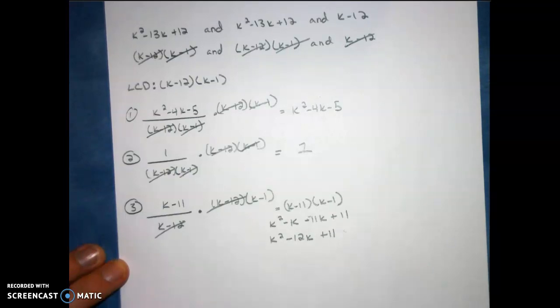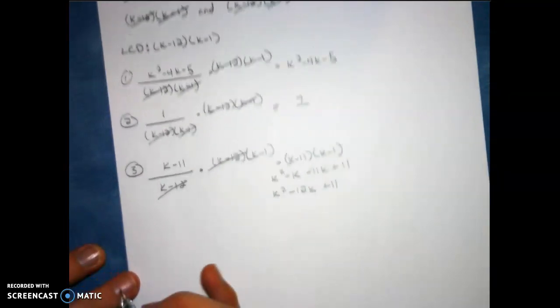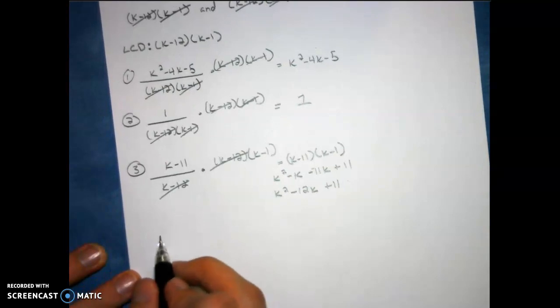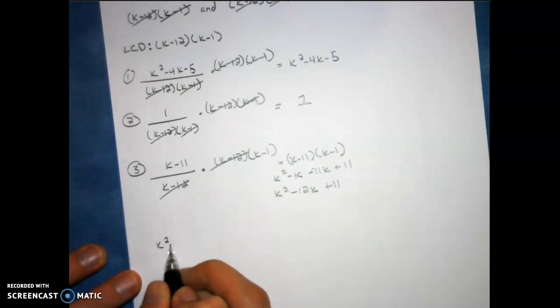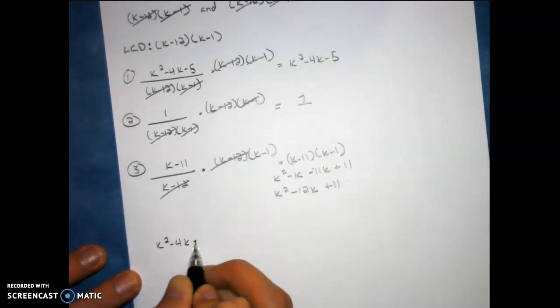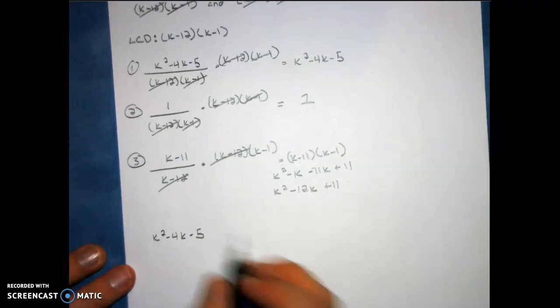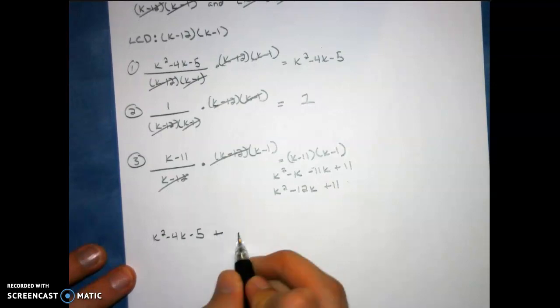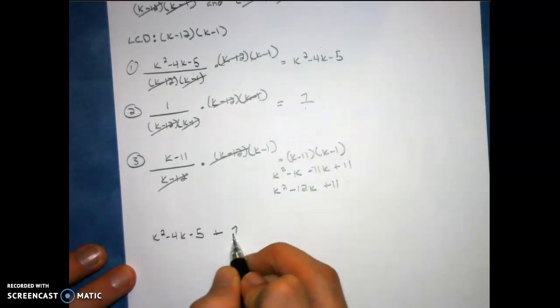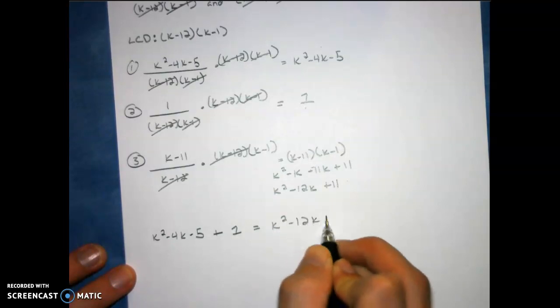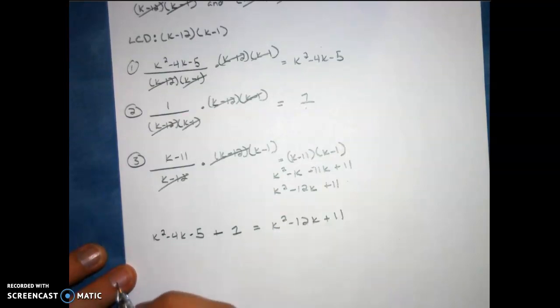All right, then we just plug everything in and then solve. So the first one we had was k squared minus 4k minus 5, adding our 1 here, and then is equal to the k squared minus 12k plus 11. All right, I'm going to combine like terms, so I can add these two.